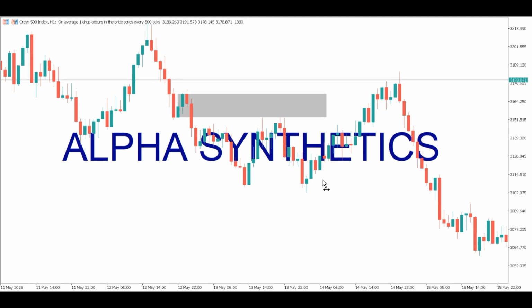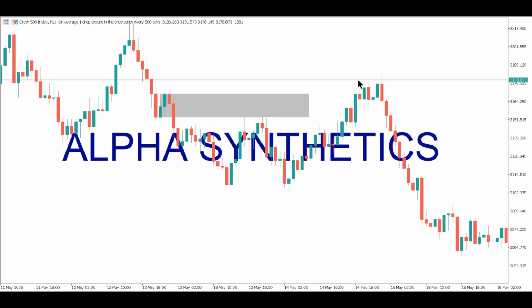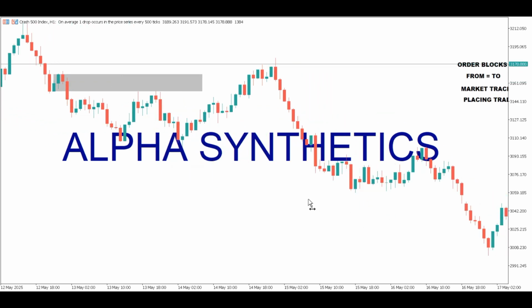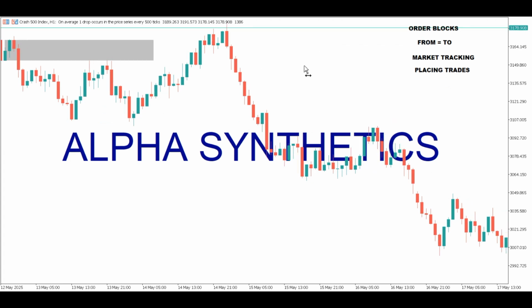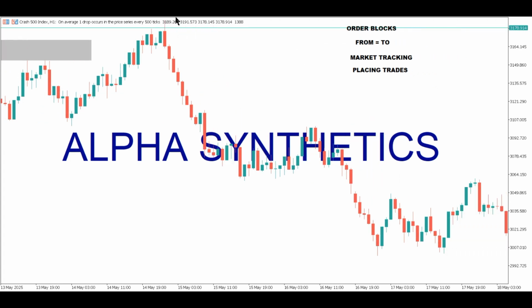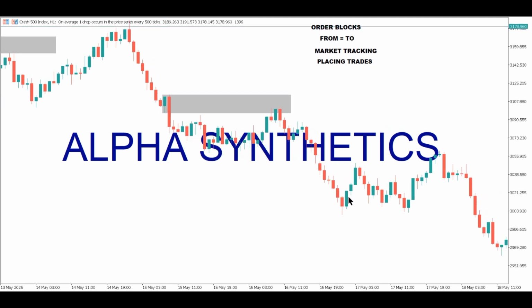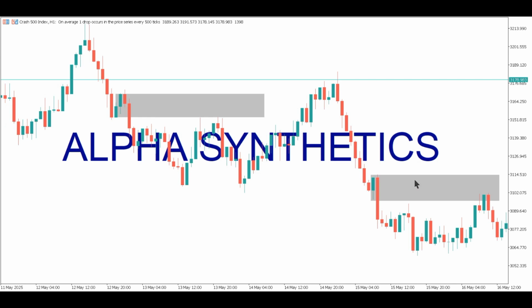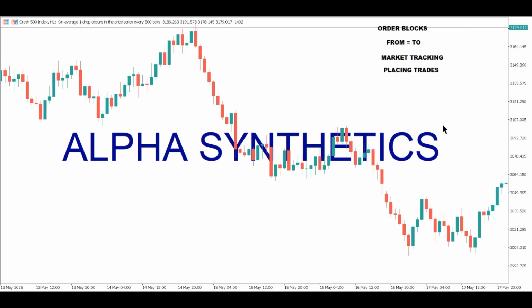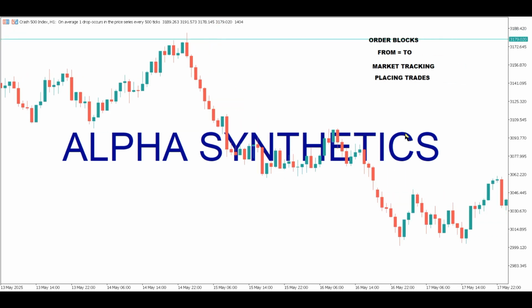Then it went up to a certain point and reversed. What we can do is just continue doing that. You see a bunch of red candles, mark out the green, the market reverses over there, goes further down, and so on and so forth. But what we are going to do today is order blocks.